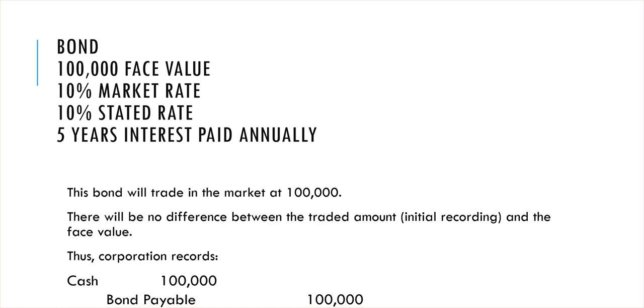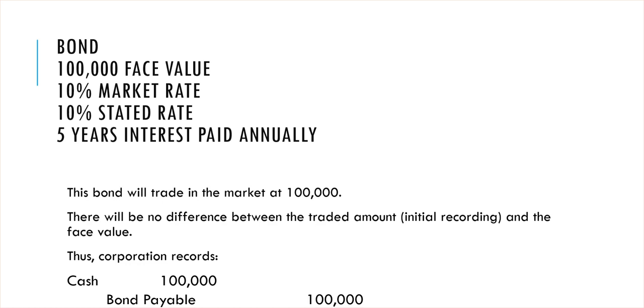So if we have a $100,000 bond, now with bonds we refer to that as face value because that's the amount that's going to be paid back at maturity. When we look at notes, we tend to call it maturity value. It's the same thing. It's just that one's a bond and one is a note.